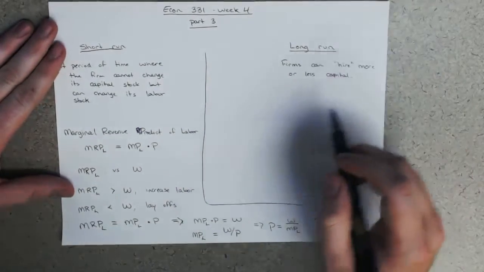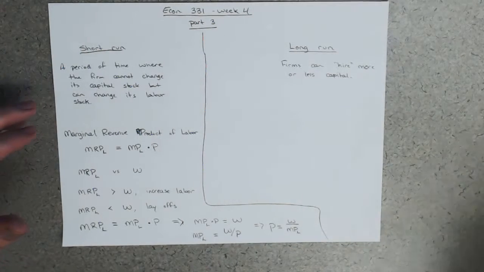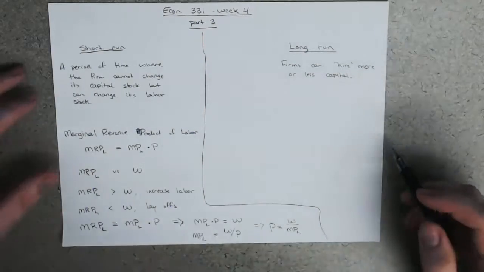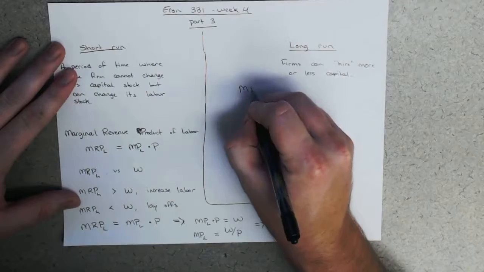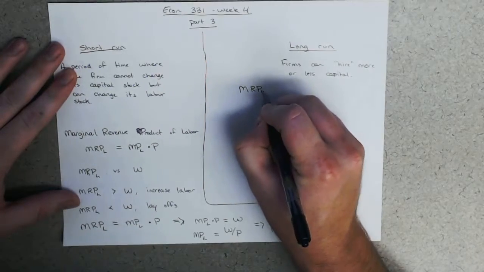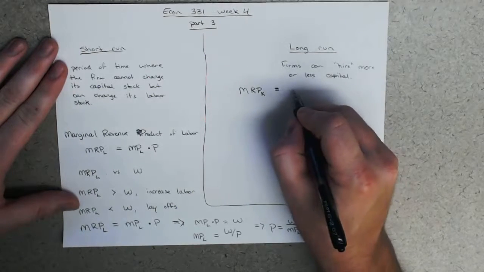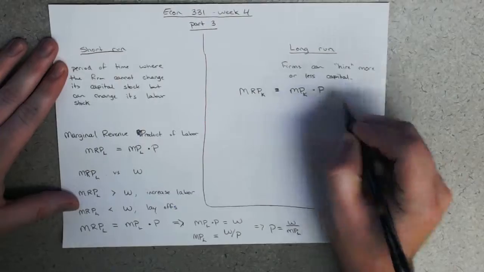Okay, in the long run, where firms can hire and fire labor, right? We have sort of the same analysis, right? Where we have the marginal revenue product of capital, okay, which is equal to the marginal product of capital times the price, right?